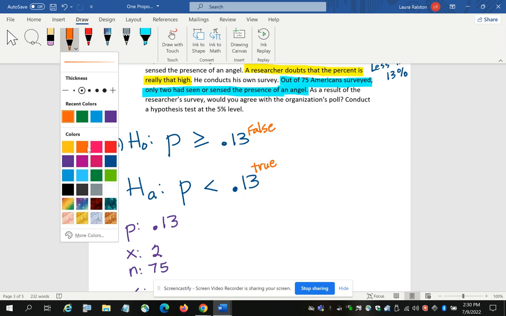So then the last step is to write our final conclusion.